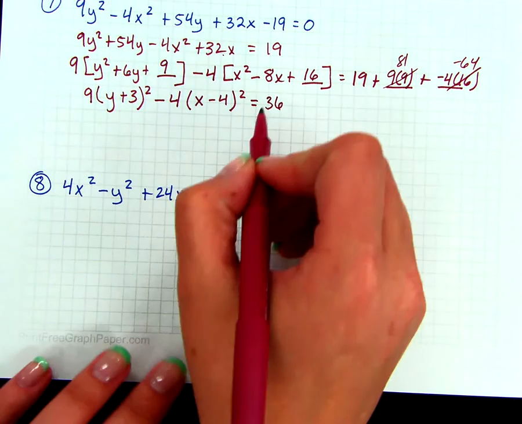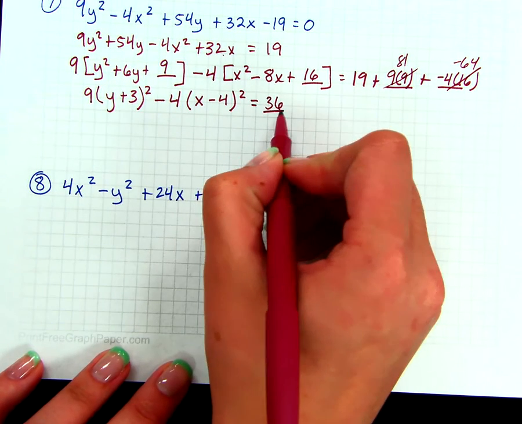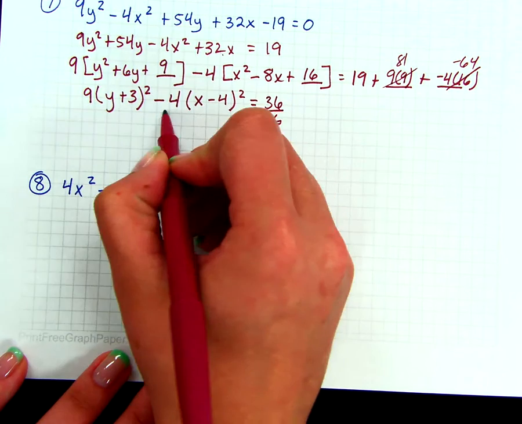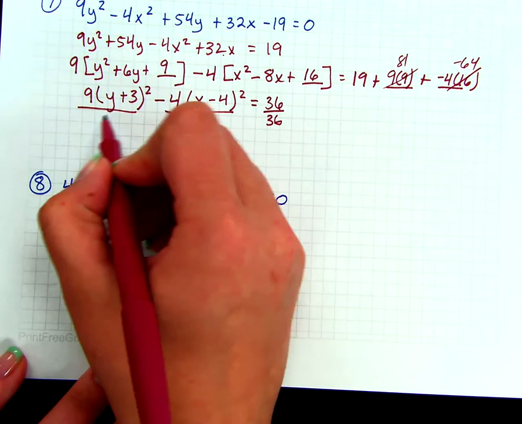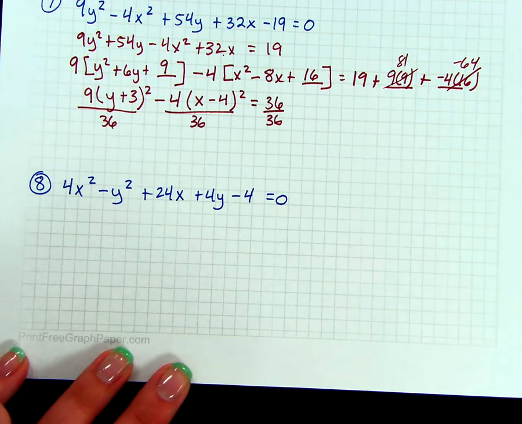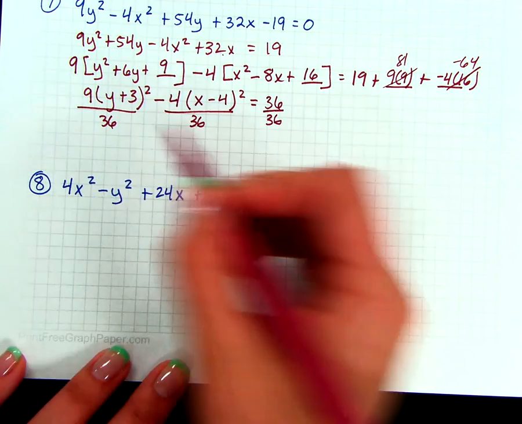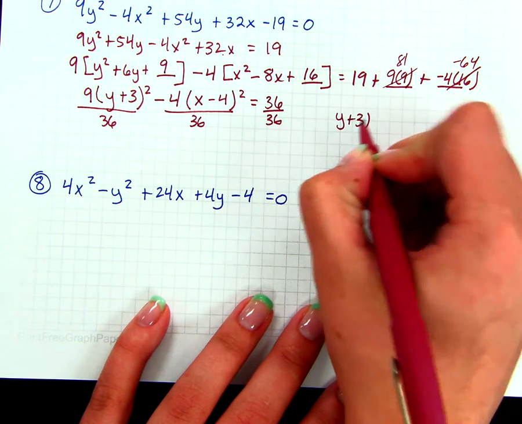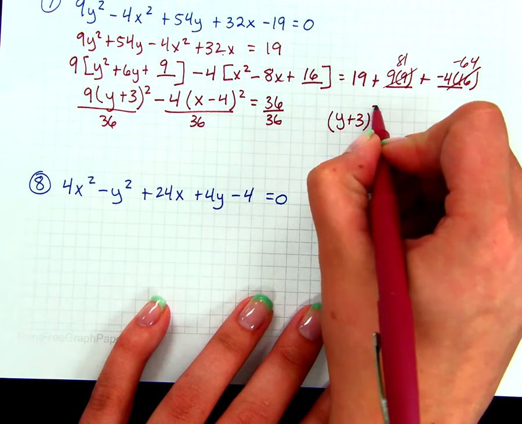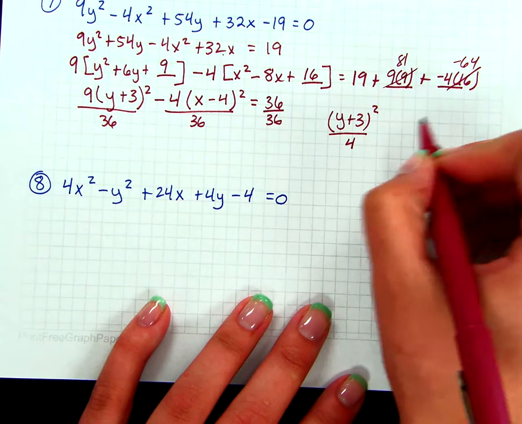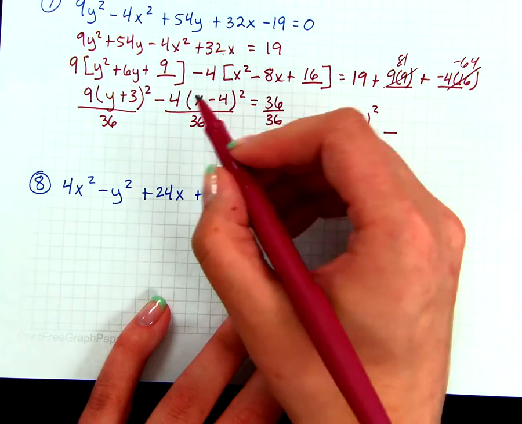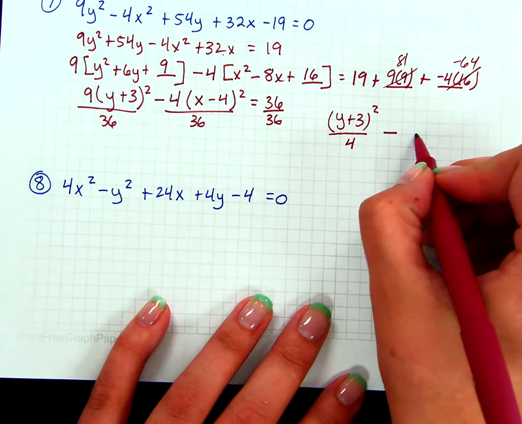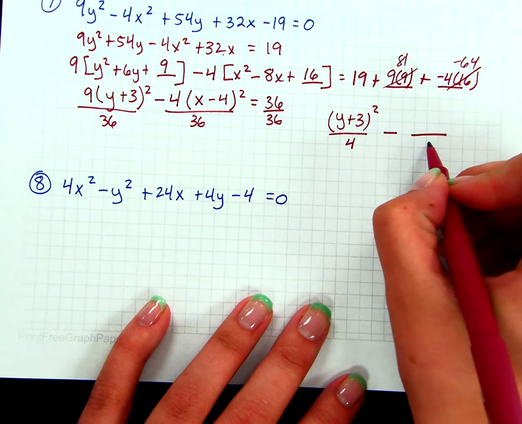And again, this needs to be a 1, so after we get this number, just like with ellipses, we're going to divide by that number to both groups, and then simplify the fractions. So 9 over 36 is going to reduce to 4. So this will be y plus 3 squared over 4 minus, and then 4 over 36 will reduce to 9.